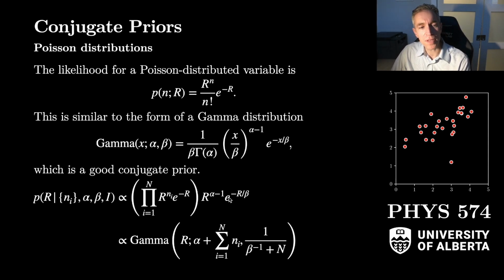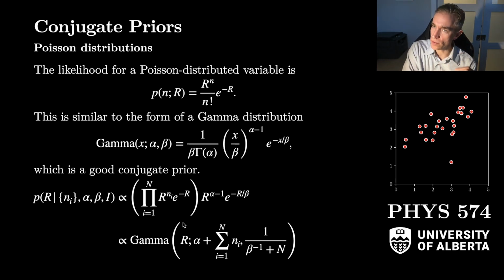And if you multiply this out and do some algebraic operations, you'll discover that if I choose hyperparameters alpha and beta, and I multiply it by a Poisson distribution, I end up with a posterior distribution, including this conjugate prior, of alpha, it's gamma distributed with parameter alpha plus the sum of the count values, and then the equivalent of the beta is the harmonic mean of beta, and then beta minus 1 and n.